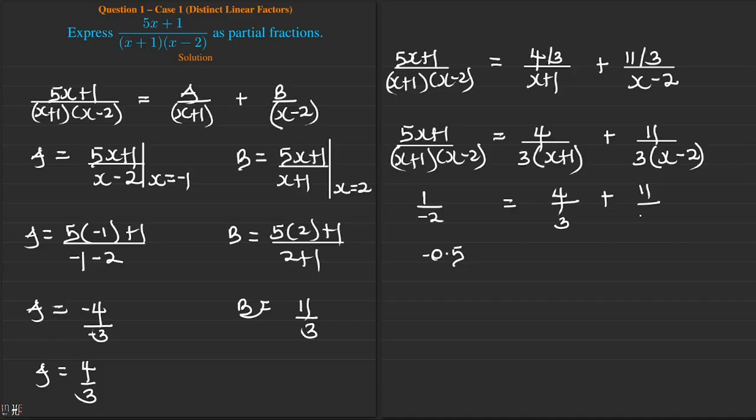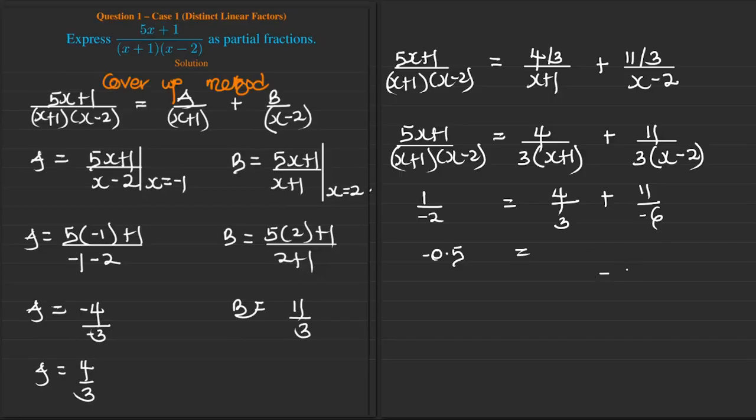Negative 2 times 3, we have a negative 6. If you want to add these, our LCM is what? Negative 6. Or let me say, 11 over 6, negative 6.